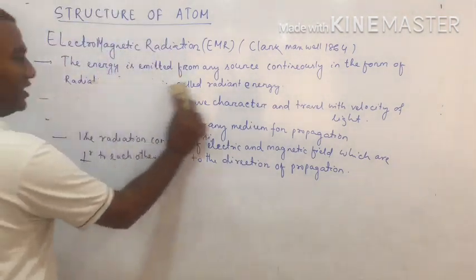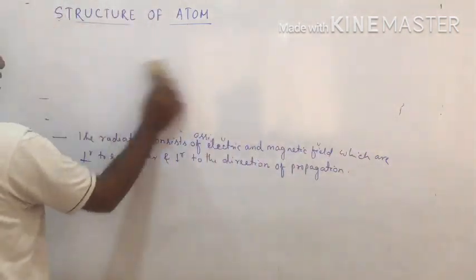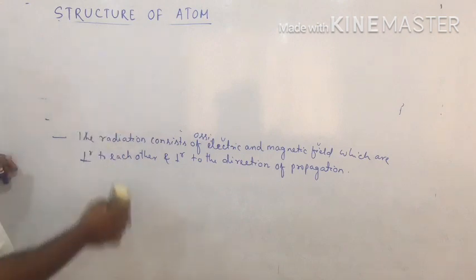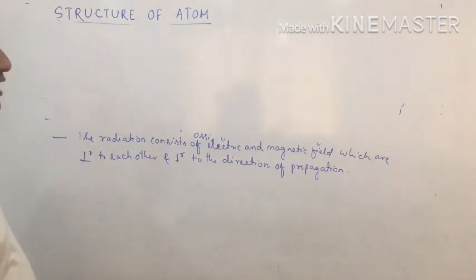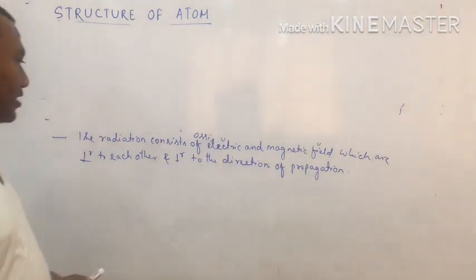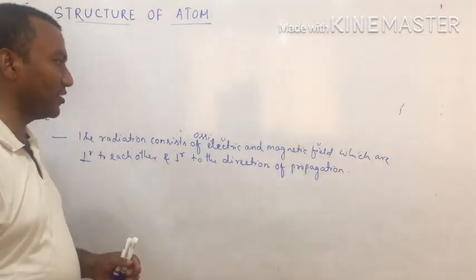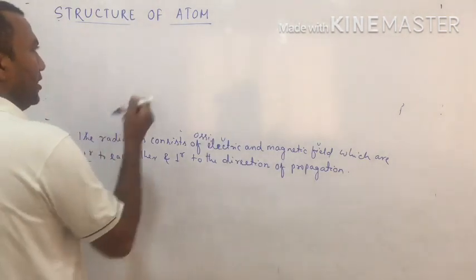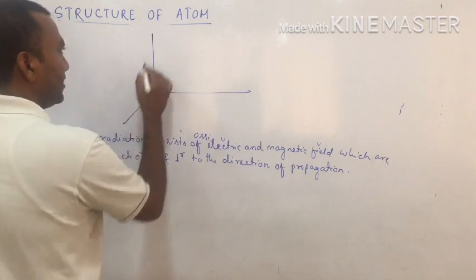So this theory is telling that this radiant energy or radiation consists of oscillating electric and magnetic fields which are perpendicular to each other and also perpendicular to the direction of propagation. Suppose if you plot a graph like this, these are the three axes.